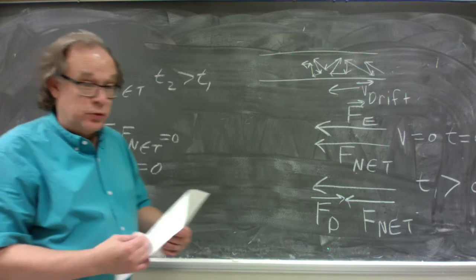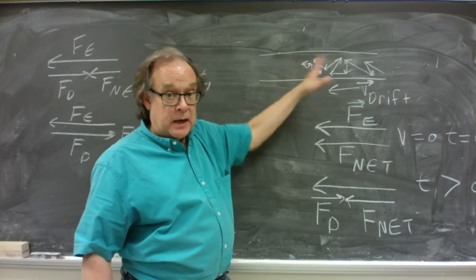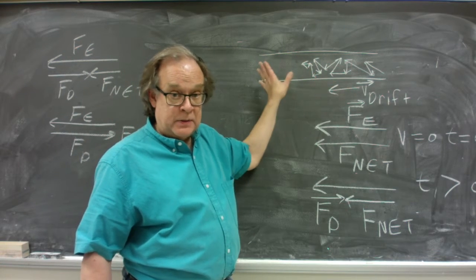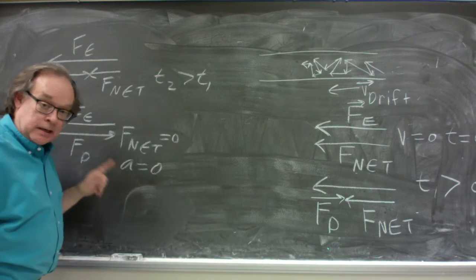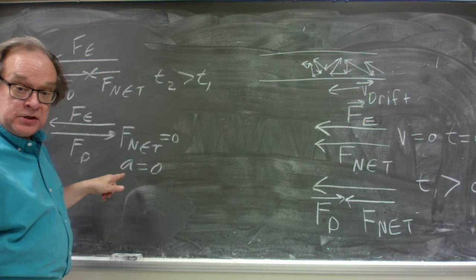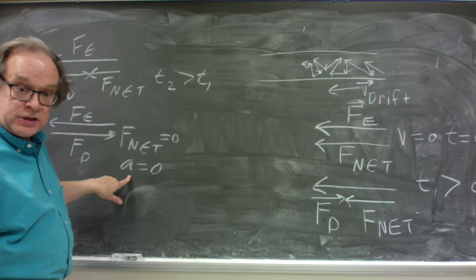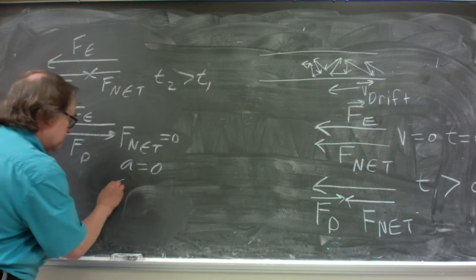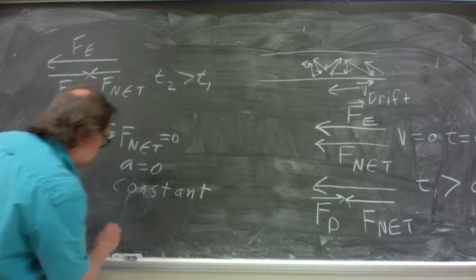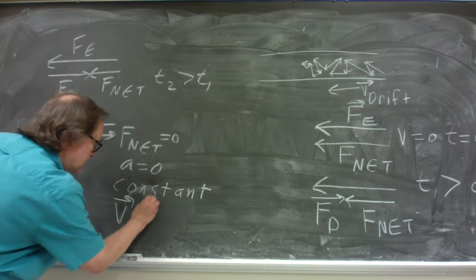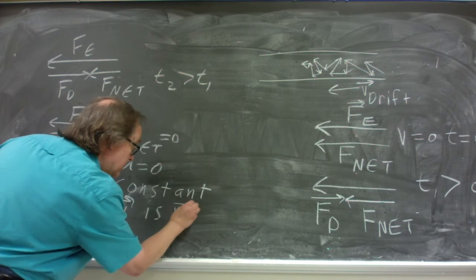But of course, remember, it's only a constant speed on average if you look at what's happening over some time interval. And that constant velocity that you get once there's no more acceleration is the drift velocity.